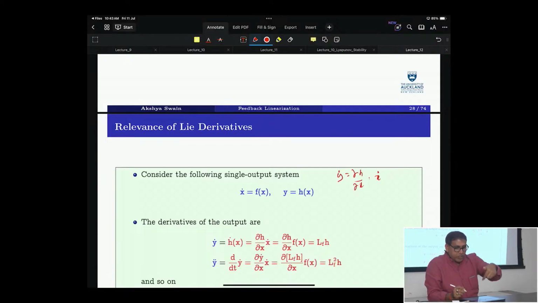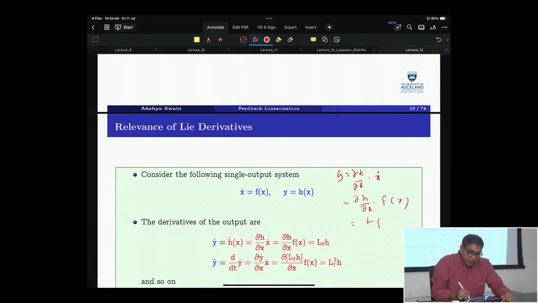So first I differentiate with respect to x, and x dot is f(x). That is equal to del h over del x times f(x), and that by definition is L_F H. Similarly, y double dot, d over dt of y dot, will be L_F^2 H, right?